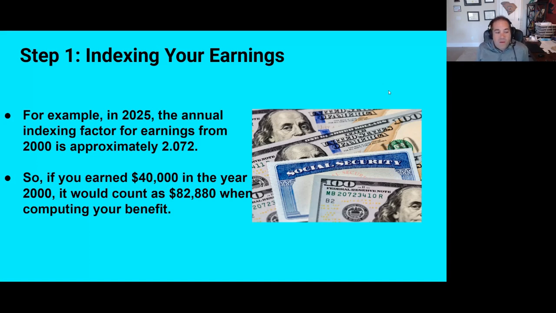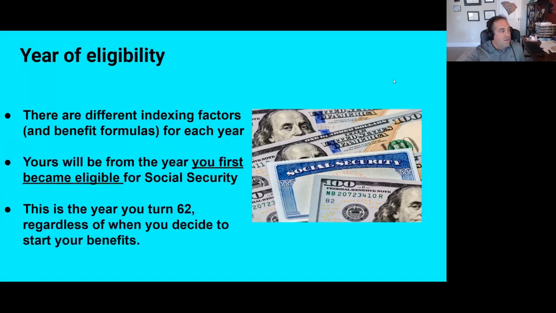So for example, if you had a salary of $40,000 in the year 2000, multiplying it by that factor would give you $82,880. So that would be the number that's used for that particular year when determining your benefits. So far, all we've done is taken each year of your earnings and adjust it for inflation. That's step one that the Social Security Administration does.